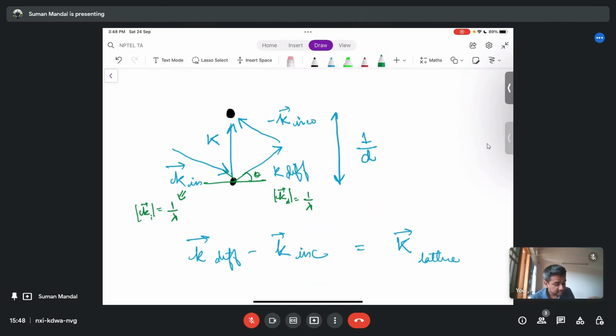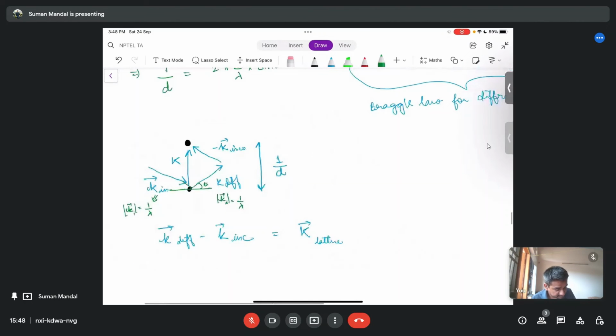To find out the magnitude of the capital K vector, which is this one, both of them are equal because there is no loss of energy, both lambda are same.